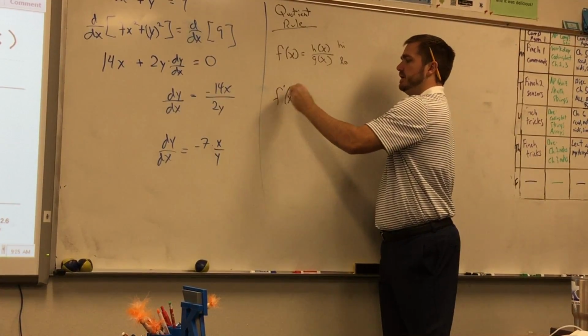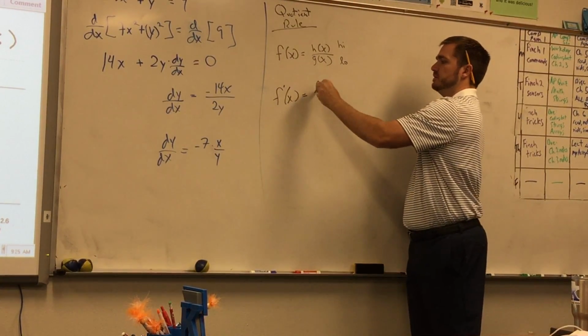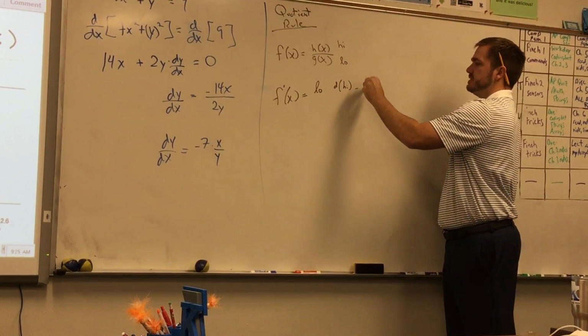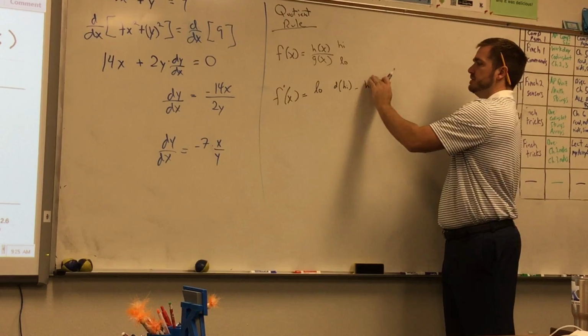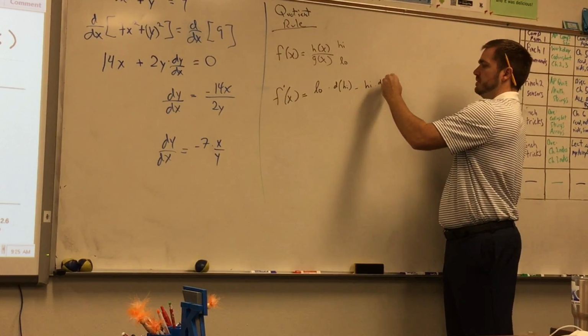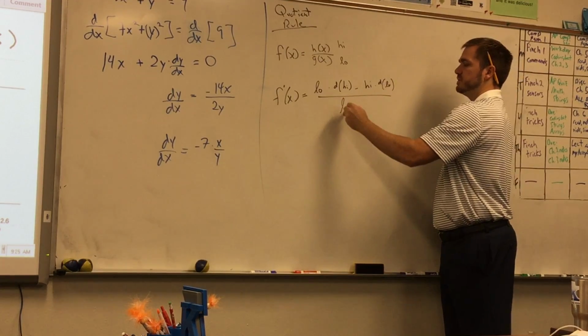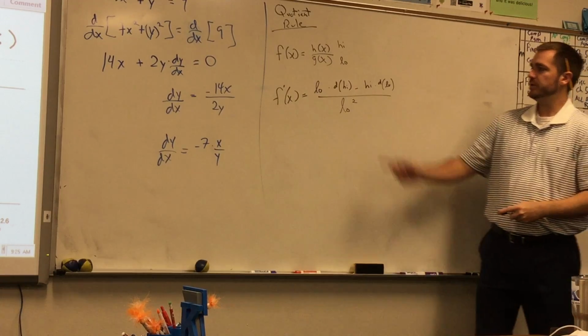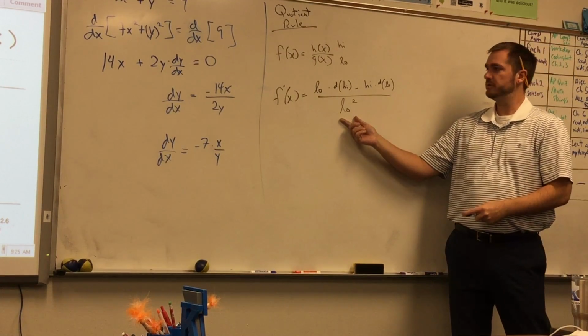And the formula is low d high minus high d low over low squared we go.